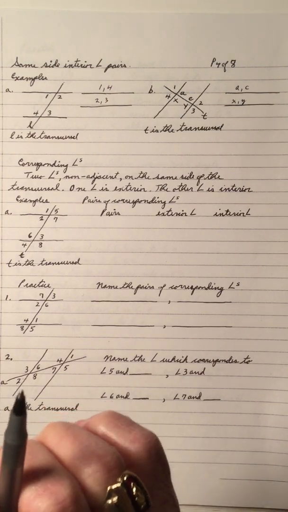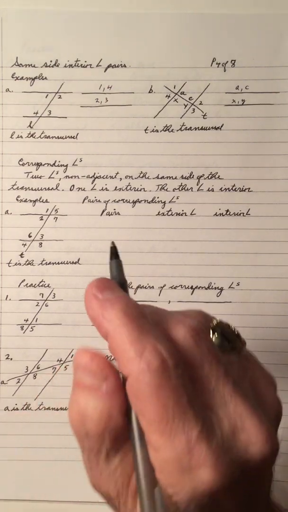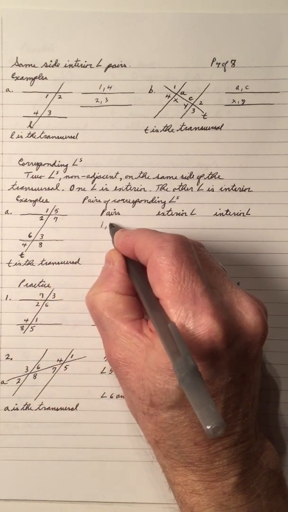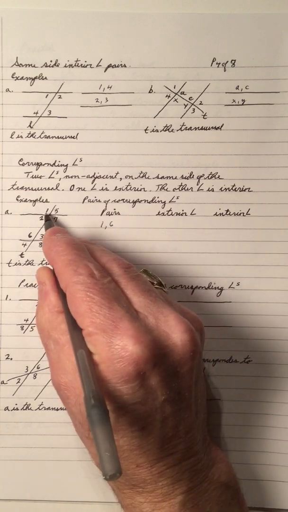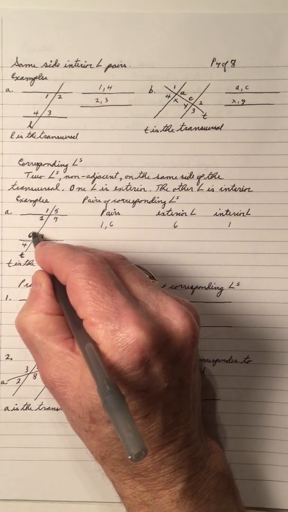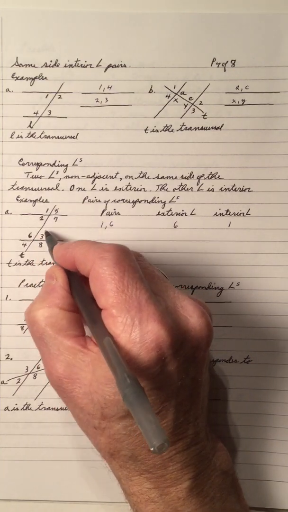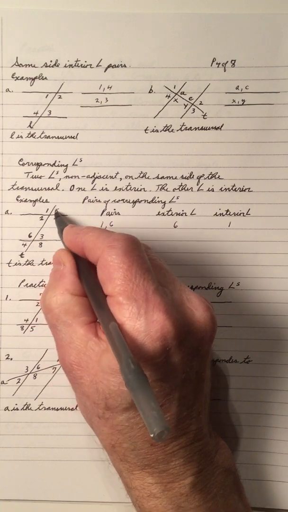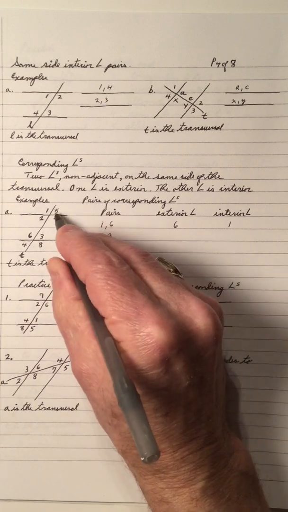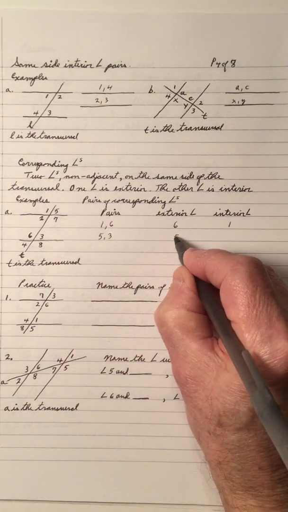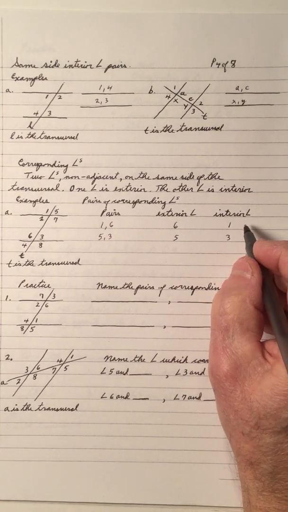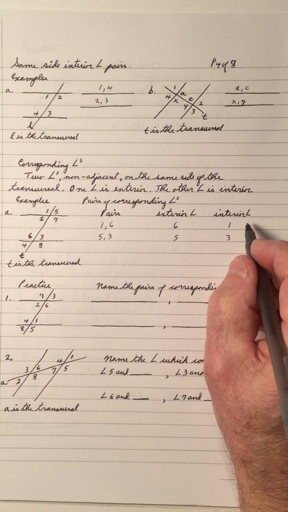So if you pick an interior and an exterior on the same side, the pairs are 1 and 6. 1 is interior, 6 is exterior. If you take 5 and 3, they're on the same side, but 5 is exterior and 3 is interior.